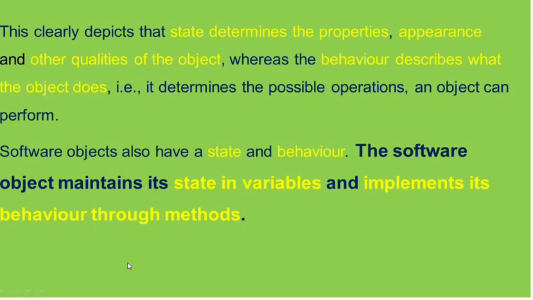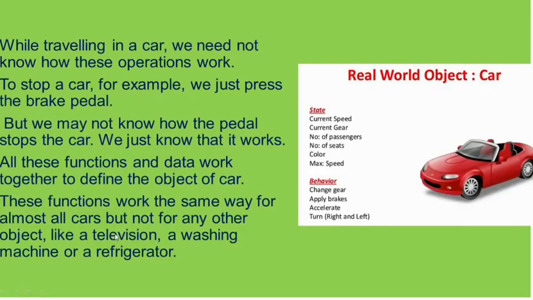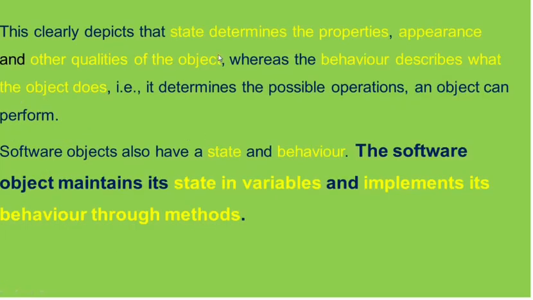Now this clearly tells us that the state determines the properties. That means state means what? The values held by the attributes determine the properties, the appearance and other qualities of an object.